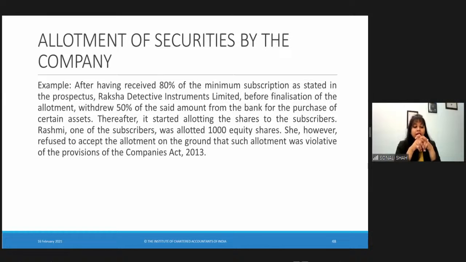Minimum subscription is the bare minimum amount needed by the company for the purposes that it is offering. And underwriting could be for the totality of the shares as well. So these concepts are not connected. These are very different concepts. So as per law, allotment of securities can happen if the minimum subscription is received, which has to be 90%, right?